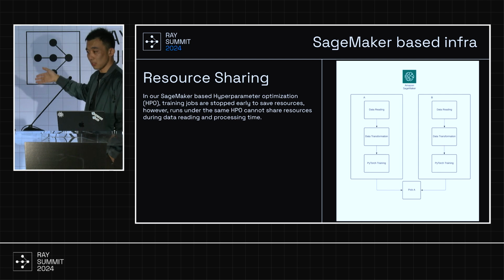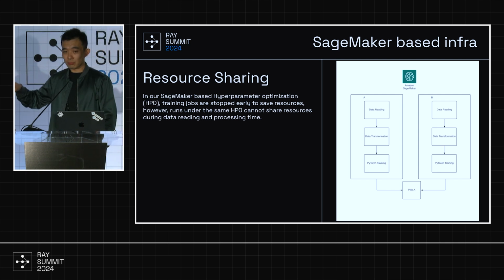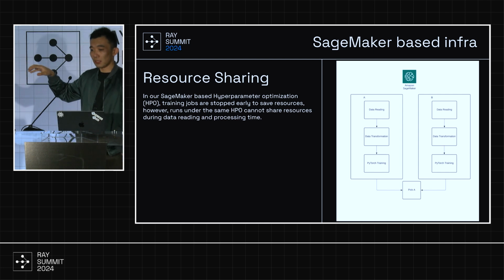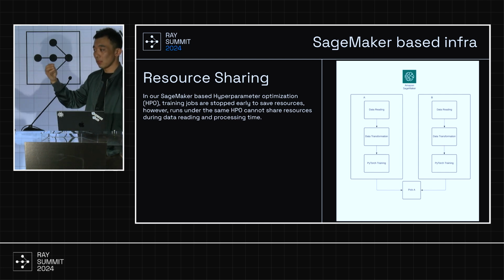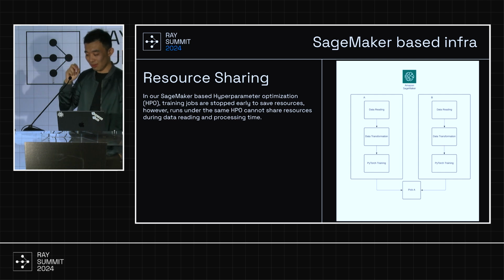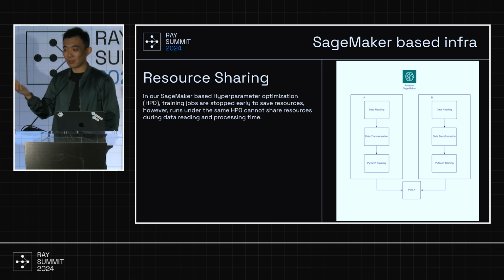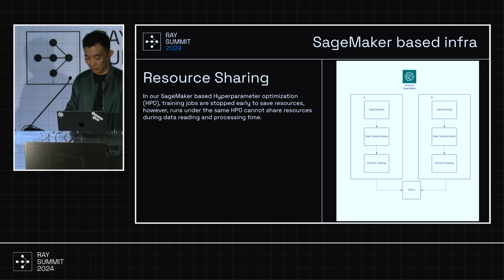Multiple jobs are running in parallel on different machines, and then you report the result to some controller and see which one is getting better performance, and then the worst one will be killed, right? Because you assume it won't give you a good result.